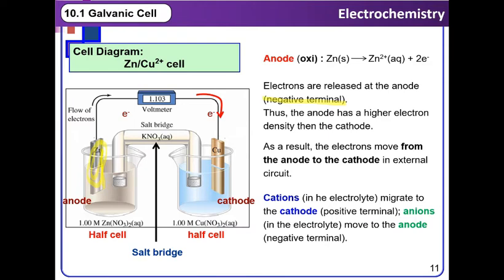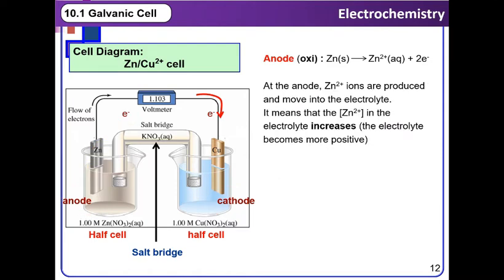You can see the direction of electron flow from anode to cathode in the external circuit. At the anode, zinc 2 plus ions are produced and move into the electrolyte.